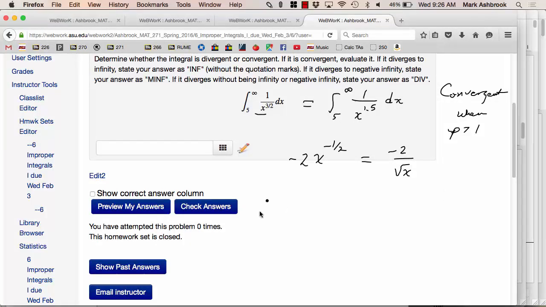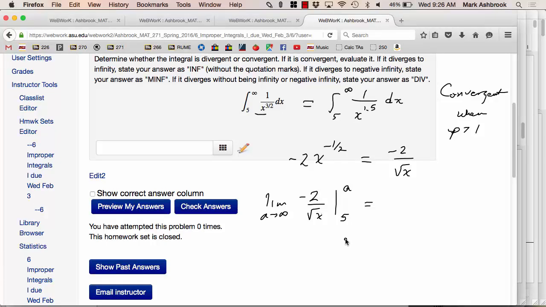And it's going to be the limit as a goes to infinity, as we go from 5 to a. Yeah, probably, negative. Thank you. Good so far? So that's an easy antiderivative.